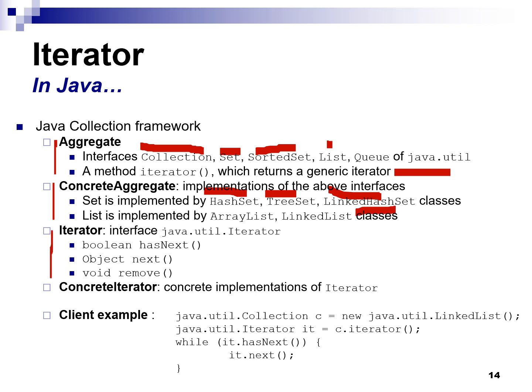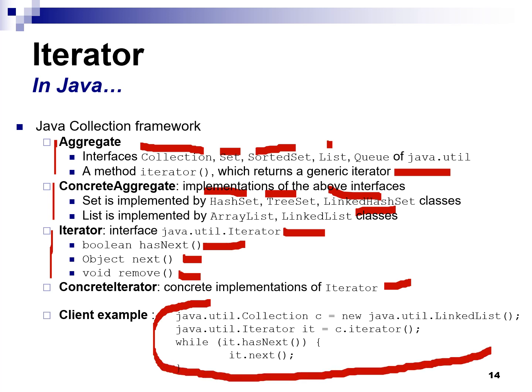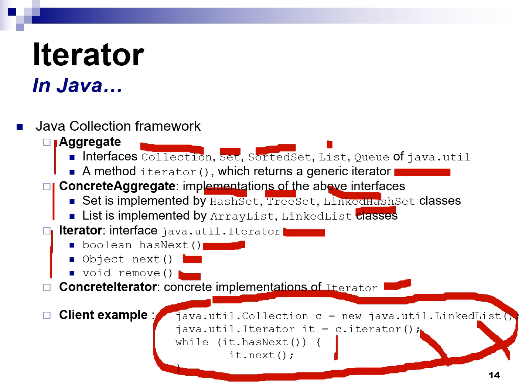And then the iterator, you have the Iterator class, which has methods hasNext, next, and remove, and concrete implementations of iterators. The style is external iteration, where typically this would be the way to use an iterator. You first have a concrete aggregate, you obtain the iterator, and then you iterate using hasNext and next.